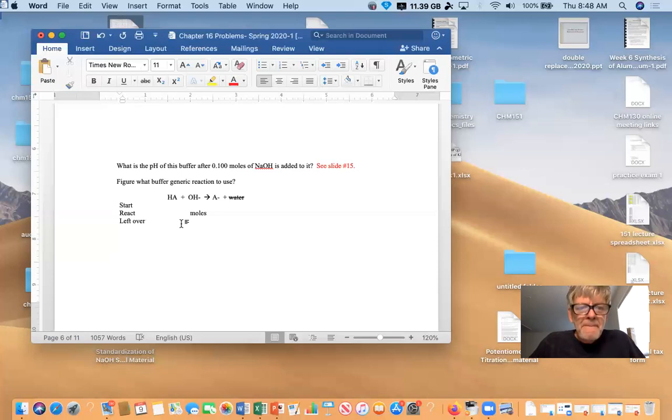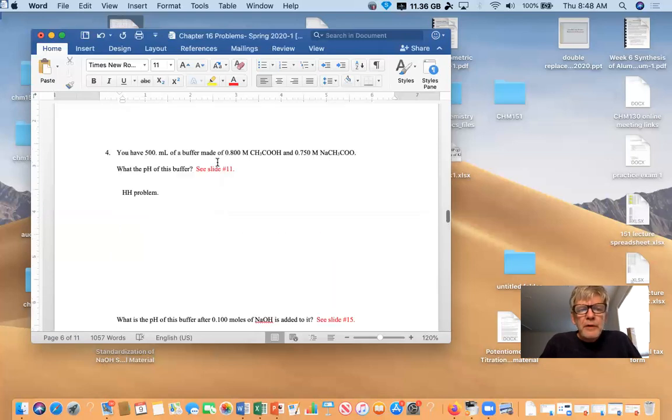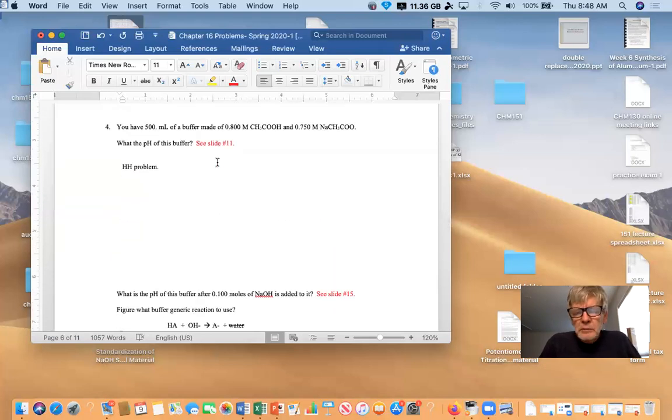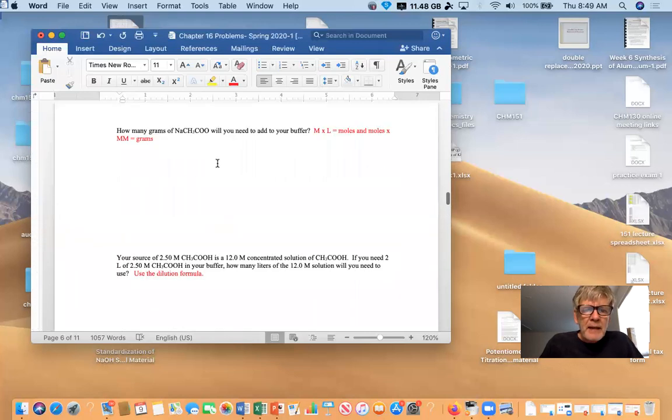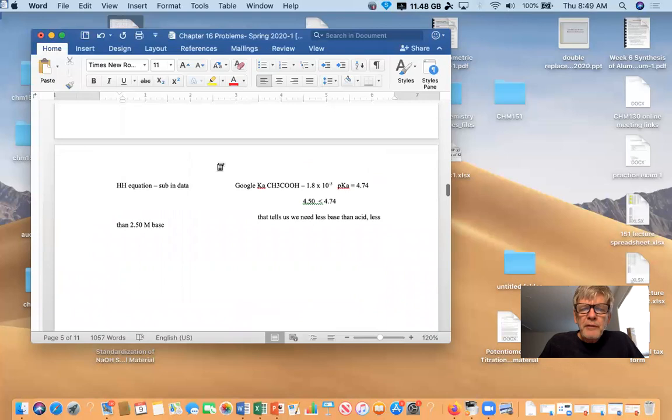Yeah, so there's actually a lot of relationship between the buffer lab. If we had lab, I would not teach any of these buffer type problems in lecture. Because I think the best way to actually learn buffer problems is you actually make the buffer yourself. And as I just said back to Ben, you would make the buffer yourself, and then you'd measure its pH to see how well it worked.